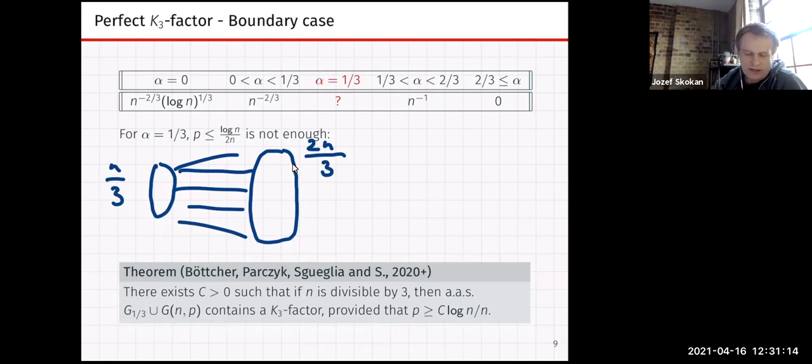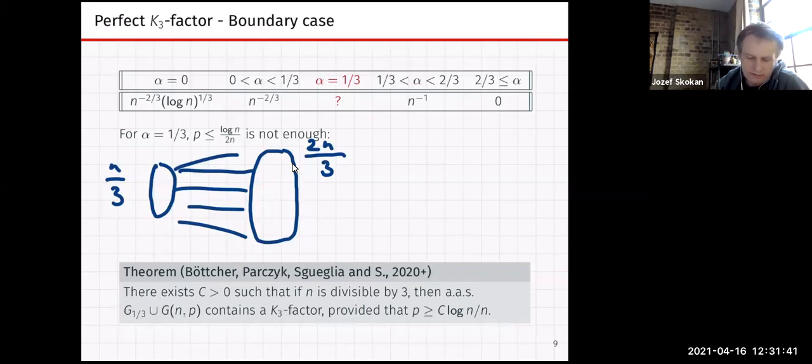And now imagine that you throw at it G(n,p), where p is of this form. So you can do some calculation. This set over here was an independent set in my original graph. So if I throw in the random edges, the only edges that these vertices see inside are the random edges.